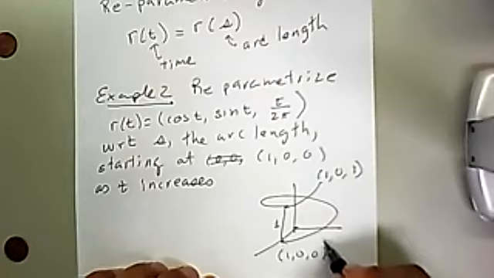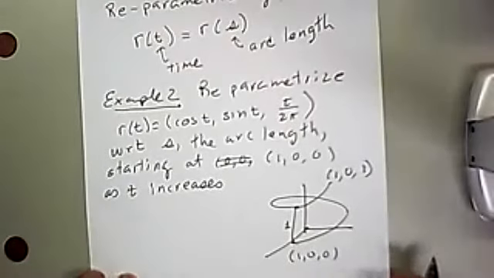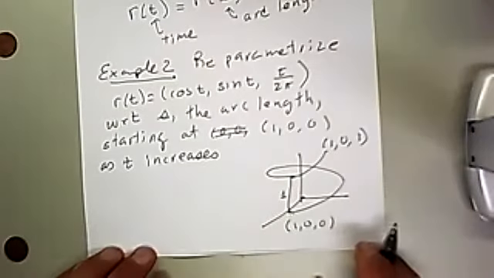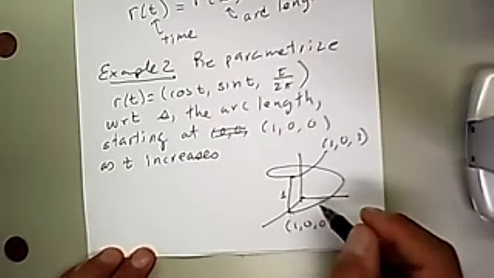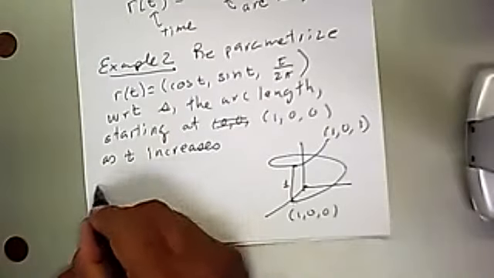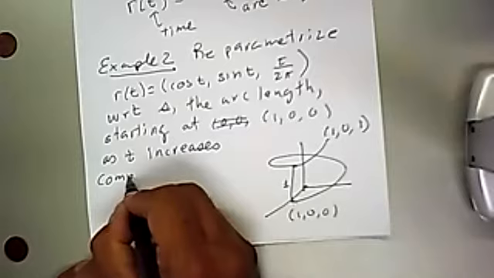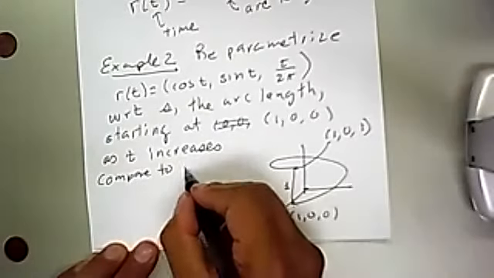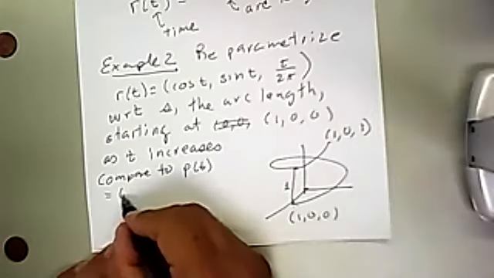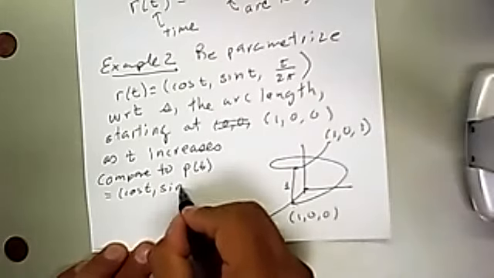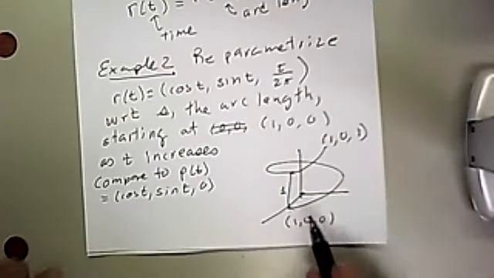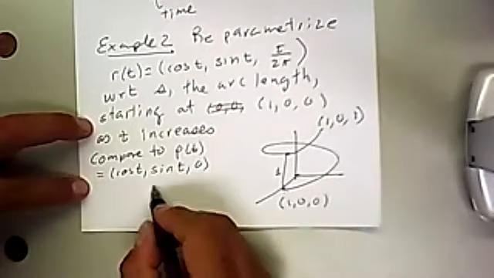Yep. All right, it does help to compare this graph or this function with the projection of this on the floor. So I'm going to call a new function, let's compare to p of t, which is going to be equal to cosine of t, sine of t, and 0. That is a projection of this helix on the floor.